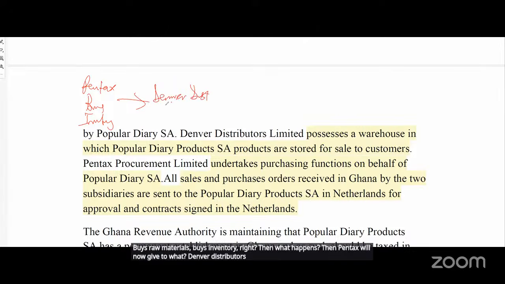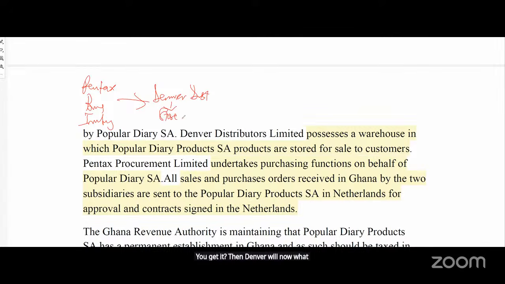Then Denver will now store it in the warehouse, and also take orders. Then they will send the order to Popular Diary SA.